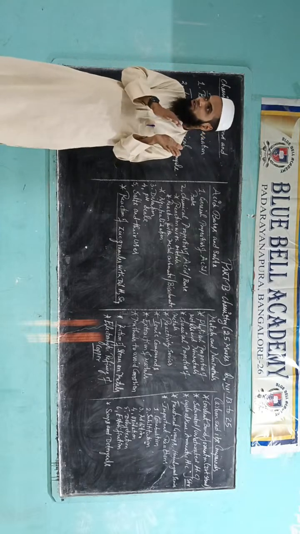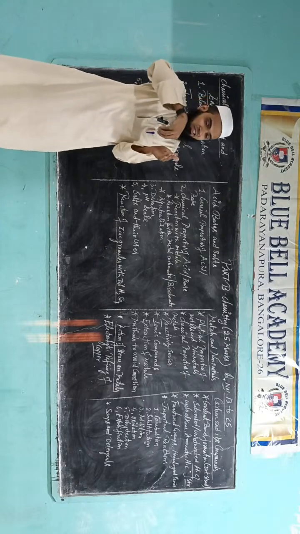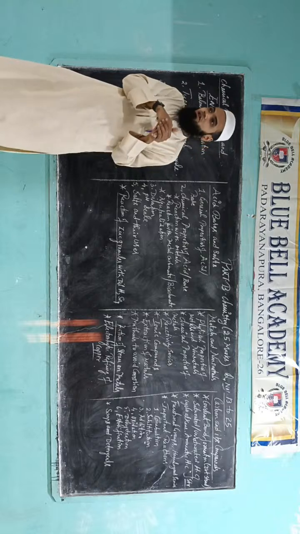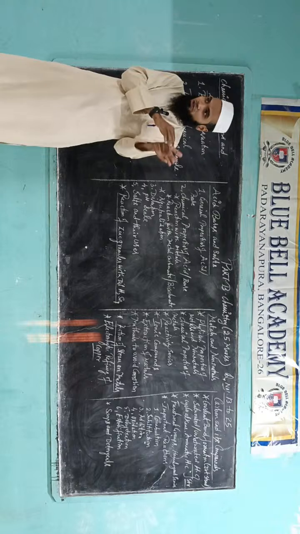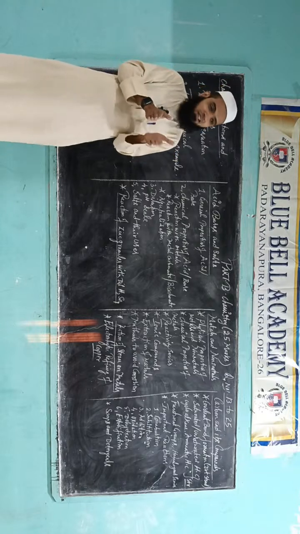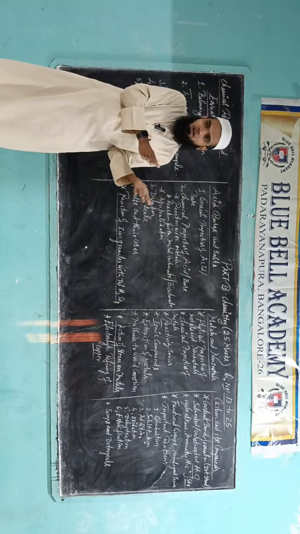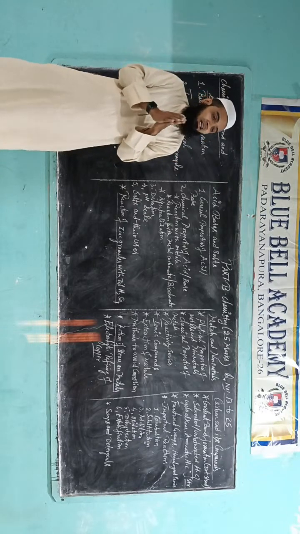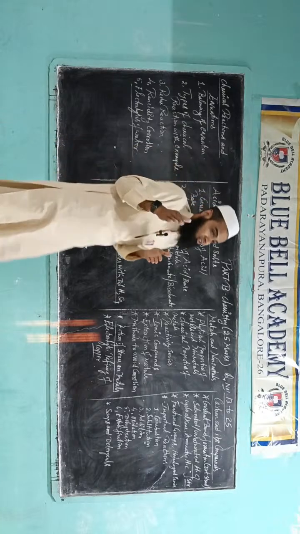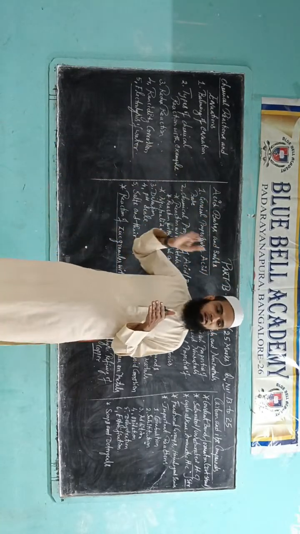So CuSO4, copper sulfate, is a blue color solution. On keeping the iron nail, it will turn into green color. So it is a displacement. ZnSO4 plus Cu, this is also a displacement reaction.